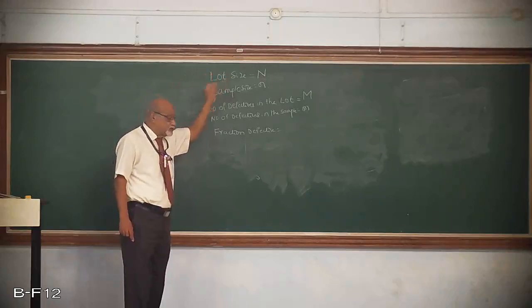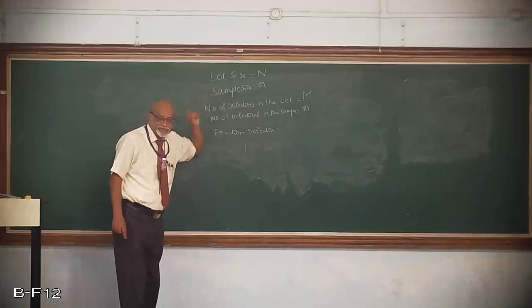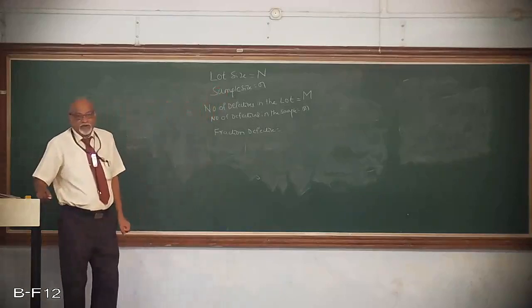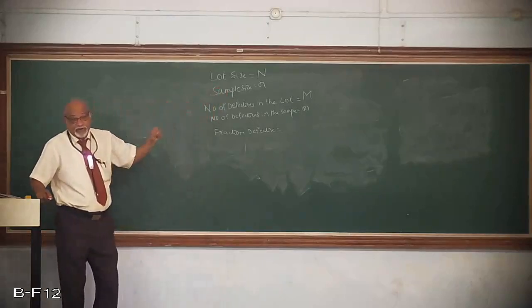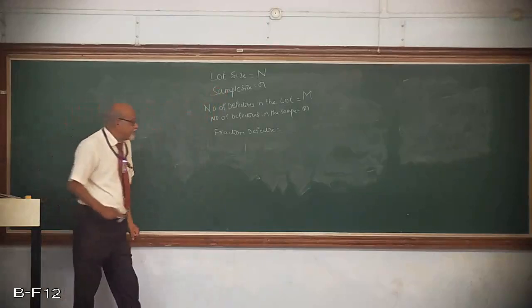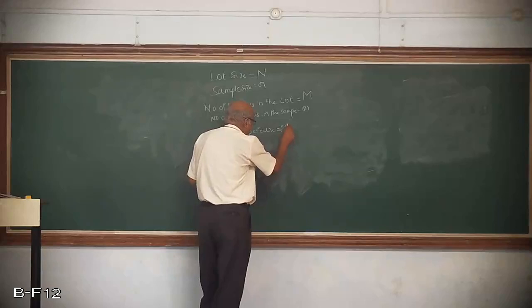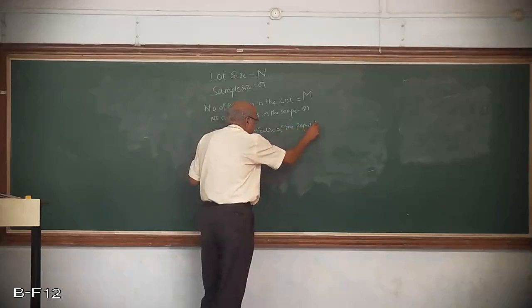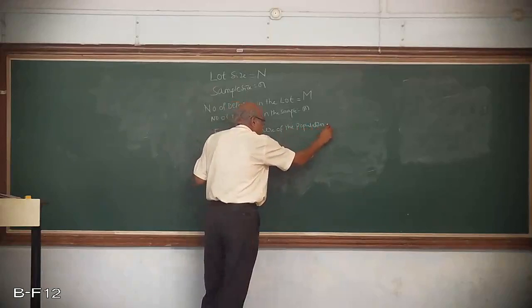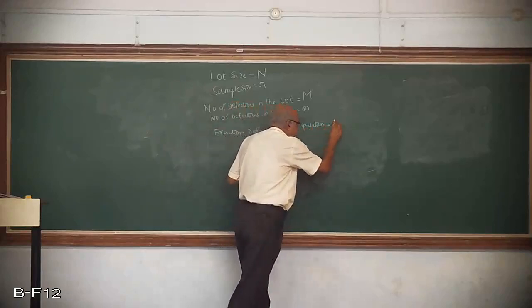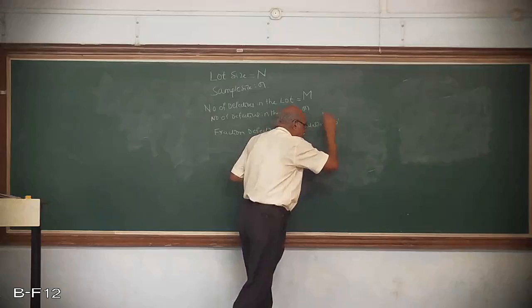That is the universe for us. So the fraction defective of the population or the universe, we know already, is called P prime.